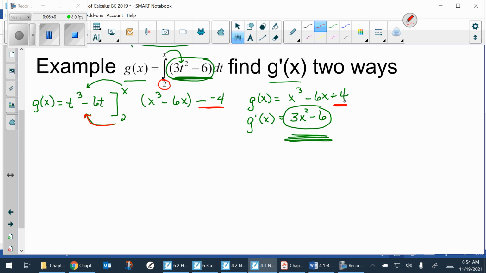So the lower limit, the number that we have as part of this integral, is insignificant because its derivative is going to be 0. So the shortcut is to take this variable, which better be in the upper limit, we'll see why in a little bit, and just drop it in place of that variable.